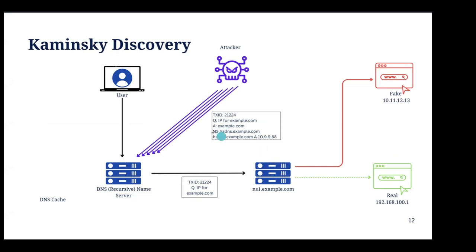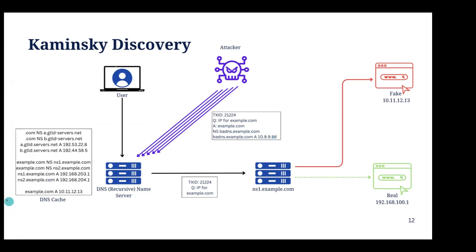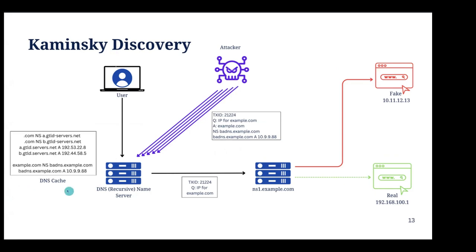So it sends the NS query with the authoritative record, and this now gets stored, you see, so this is the bad example. So this is how example.com gets bad DNS. It's manipulated DNS, and it stores the fake address as well, what the attacker intends to do.